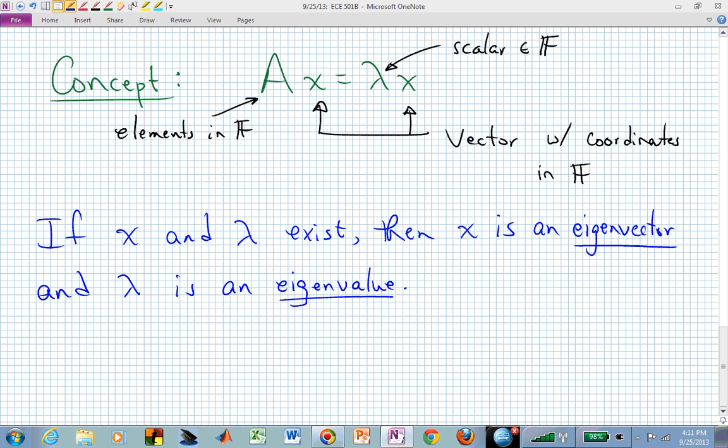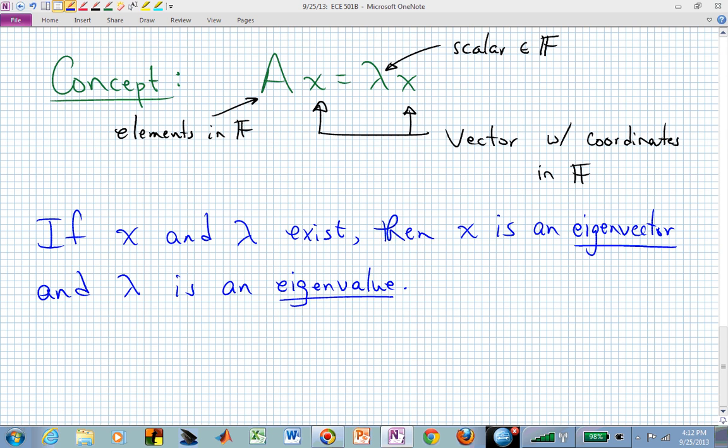It's just scaling along that same direction. So you have a direction in some n-dimensional space. You operate on it by this linear transformation, this matrix, and it maps you right back onto that same vector. That's what this eigenvalue, eigenvector equation is telling us.